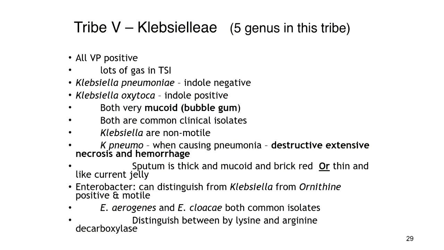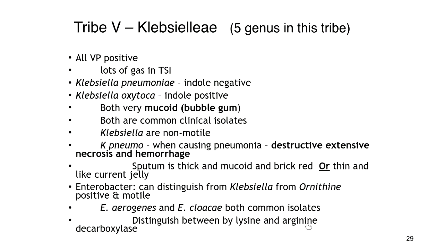So Enterobacter can be distinguished from Klebsiella because ornithine is positive and they're motile. So a motility test. And then we have Enterobacter aerogenes and cloacae, common isolates, and again distinguished by lysine and arginine decarboxylase.